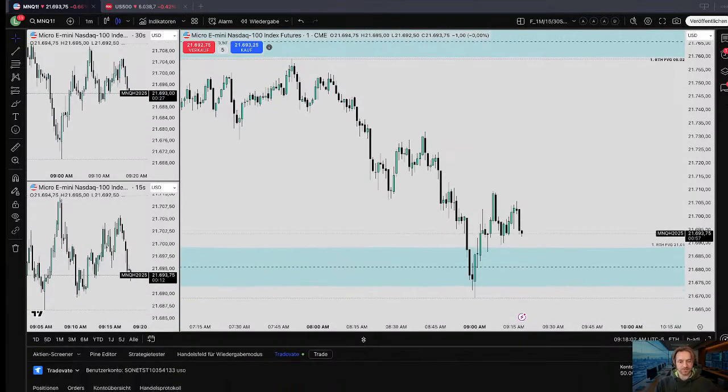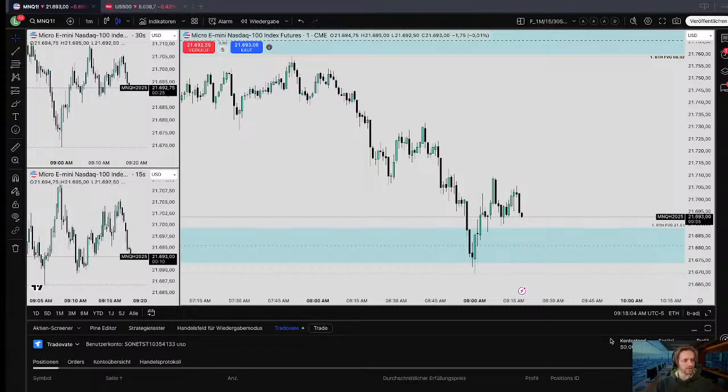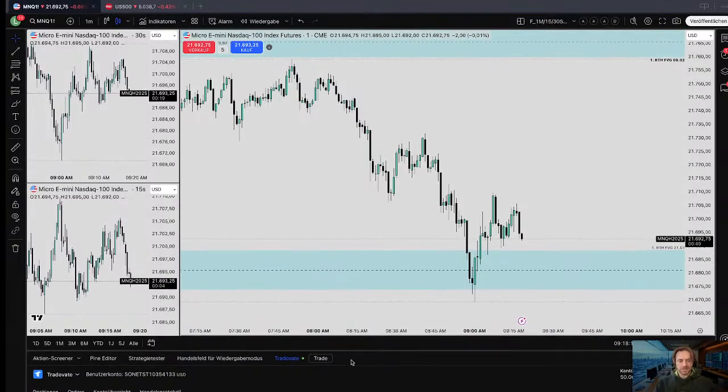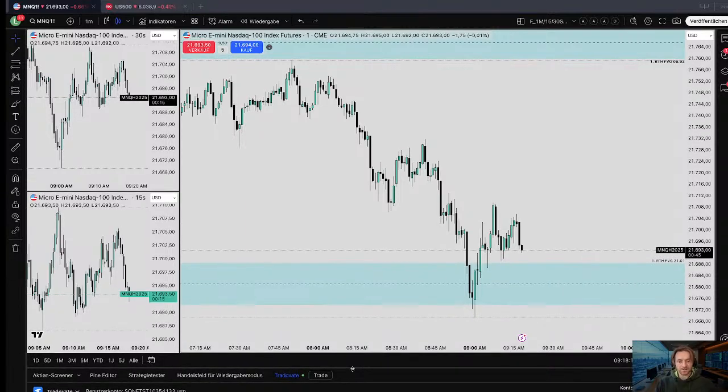Right now, this is a new funded account on Top Step, and it's running with the broker TraderWeight. So it's a demo account. There's no real trading in here. It's just demo profits, demo losses.